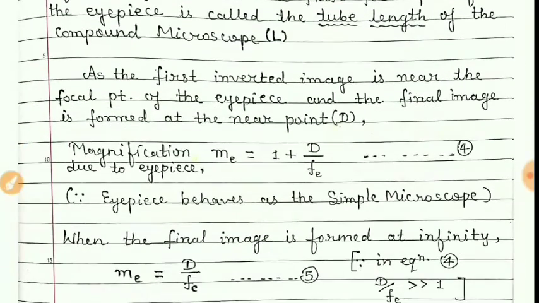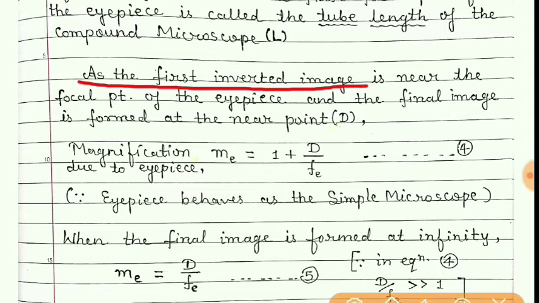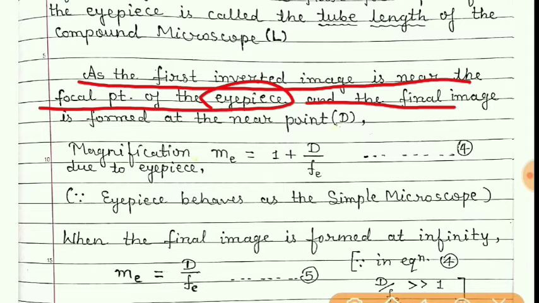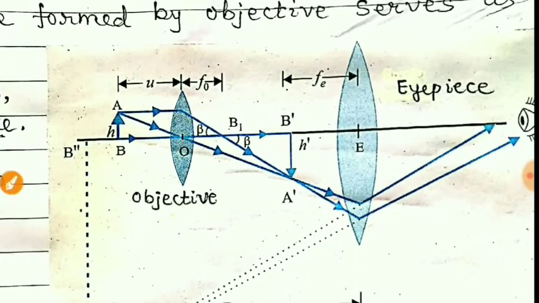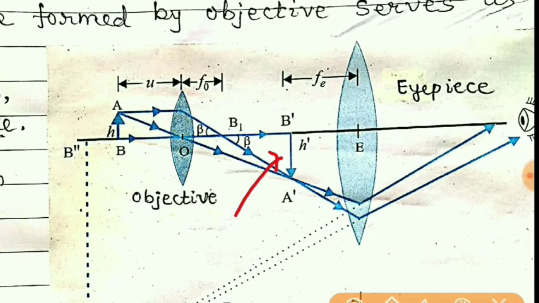Now the first inverted image is near the focal point of the eyepiece, and the final image is formed at the near point. You can see in the figure, the first image which is formed is near the focal point.